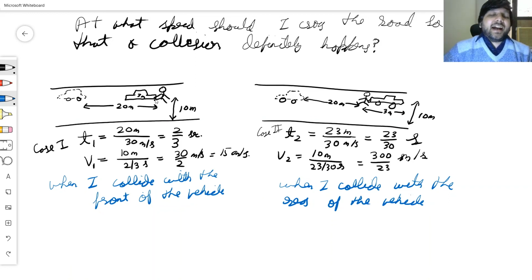At one time I'll collide with this point, at another time maybe with this point, at another intermediate case at this point, and maybe at another intermediate case at this point. So at all these cases I do end up colliding with at least some part of the vehicle.